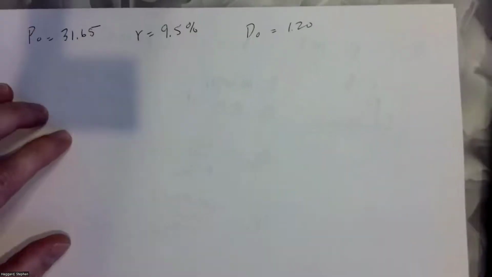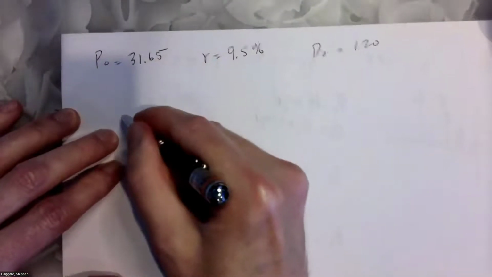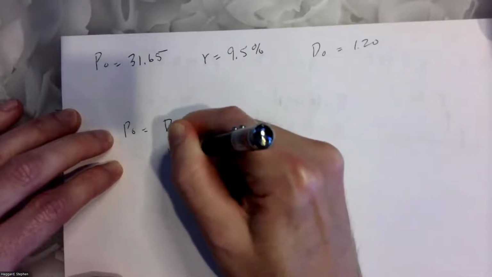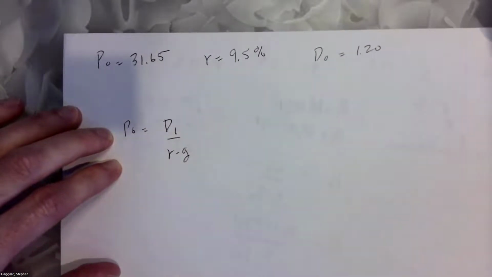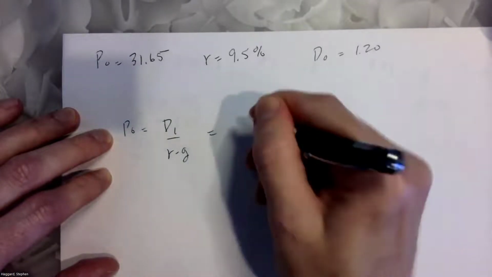And we're going to write out how all this relates. So we know that P0 is equal to D1 over R minus G. But we do not have D1. What do we have? We have D0.